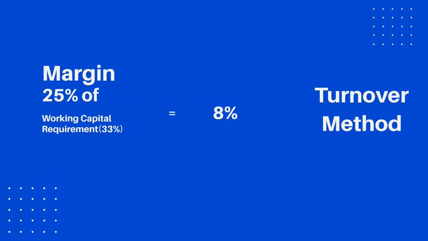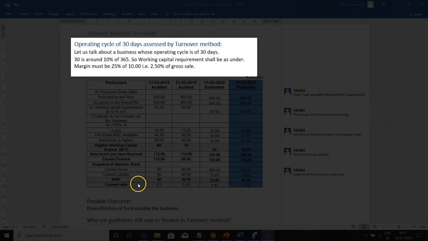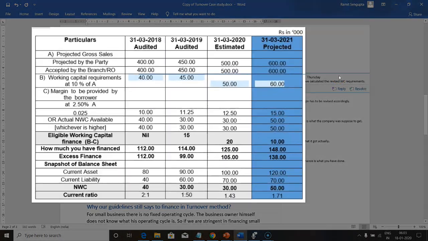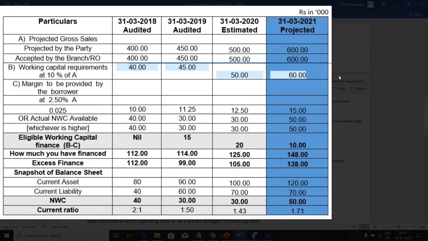Let us see with a case study. Let us talk about a business whose operating cycle is of 30 days. 30 is around 10% of 365. So working capital requirement shall be as under. Margin must be 25% of 10, that is 2.5% of the gross sales. Here I have calculated the revised working capital requirement, which is 60.